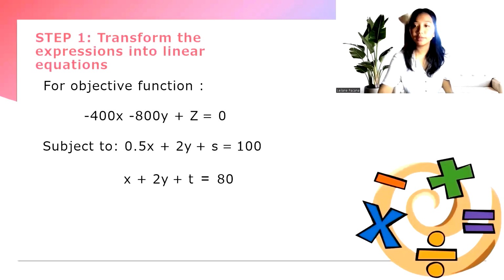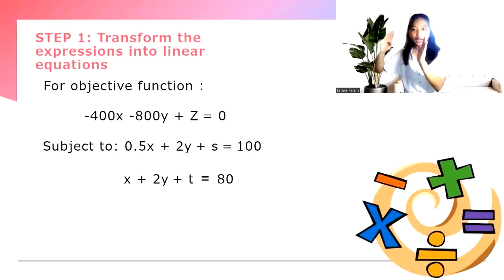So now we have to make equalities from the inequalities. To do that, first for our objective function, we have to transfer the right-hand side to the left-hand side in order to make it equal to 0. As we transfer it, of course, the sign will change. So it will be negative 400x minus 800y plus z, and that is equal to 0. For our constraints, we have to add the slack variables again to make it a linear equation.